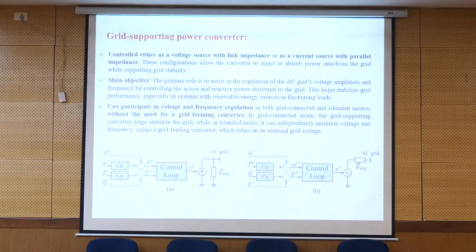The difference between this technology and the grid following converter is that in the grid following converter, we just control the current. But here we have a two-stage combination: we have inner and outer control loops. In the first stage, we provide the current control loop, but when we jump from connected mode to isolated mode, it jumps from current to voltage control mode.